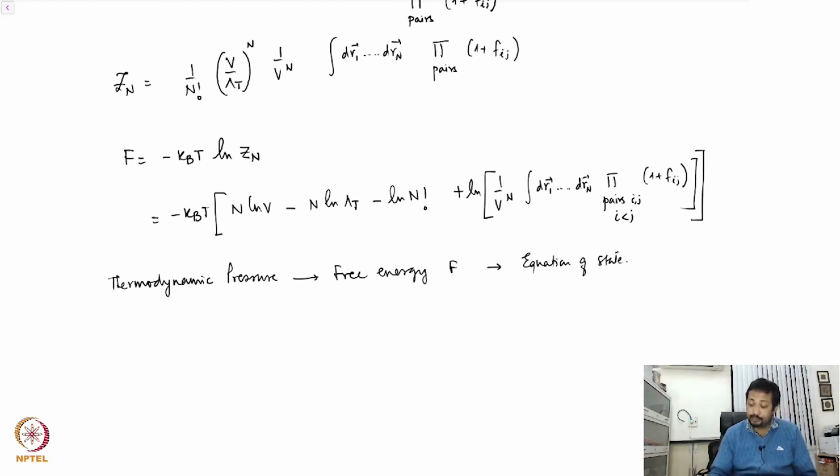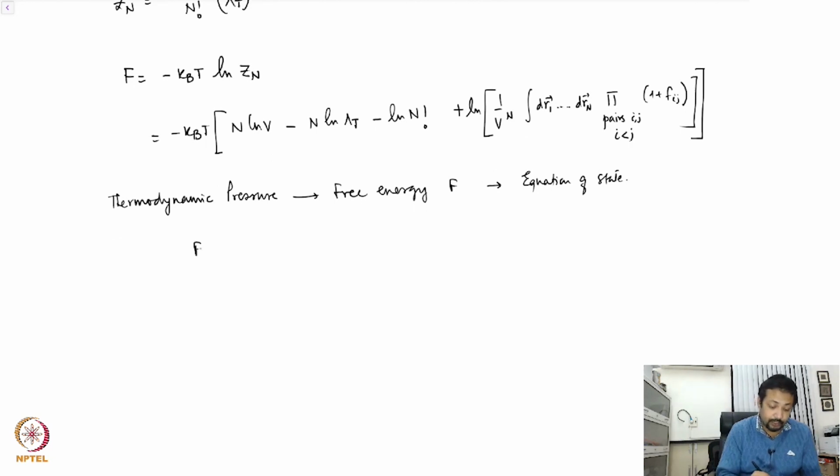I know the relation is minus del F del V, temperature held constant. So let's do that. The overall minus that is contained in the free energy makes it a plus.